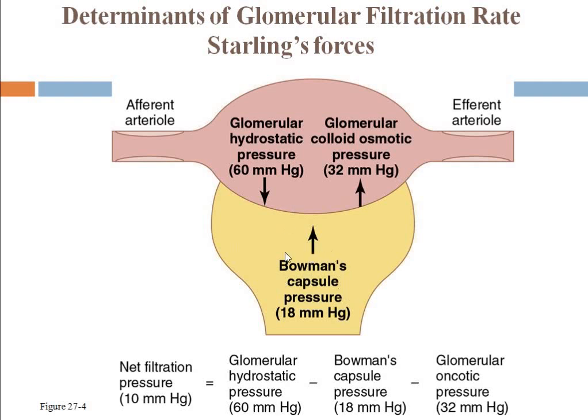In the Bowman's capsule also, there can be hydrostatic pressure and osmotic pressure, but in Bowman's capsule, oncotic pressure is not there because under normal conditions, proteins are not coming out. So we can consider oncotic pressure as 0 here. What is there in Bowman's capsule is just the hydrostatic pressure. If the hydrostatic pressure in the Bowman's capsule increases due to certain conditions, there will be a decrease in the GFR.